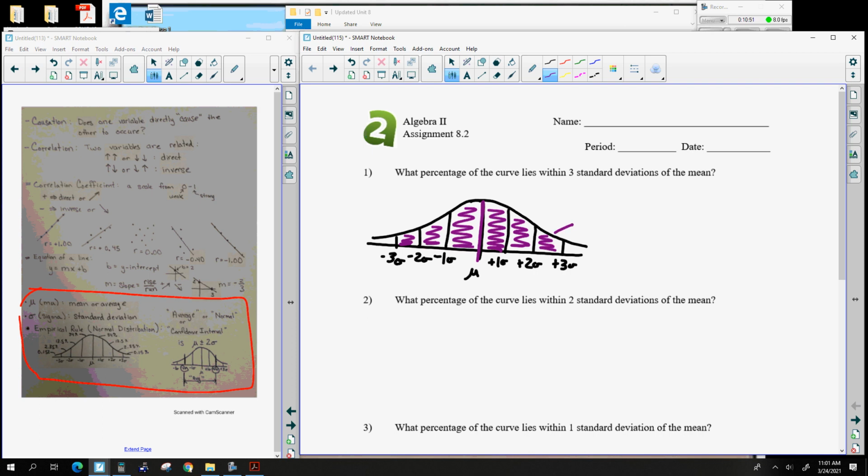So the percentages that apply to these various bars that would be within 3 would be 2, 3, 5, 13, 5, 34, 34, 13, 5, and 2, 3, 5. So what is within 3? That would be all of those added up.